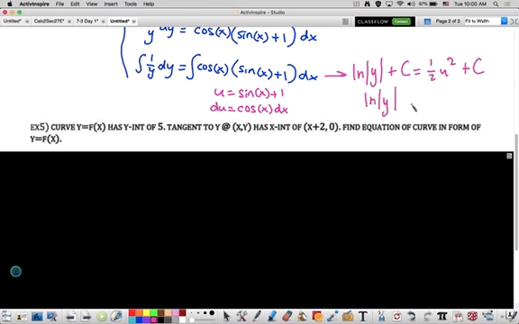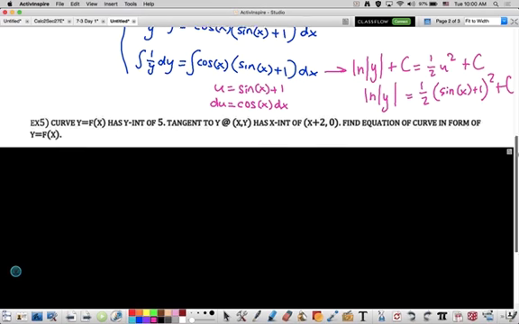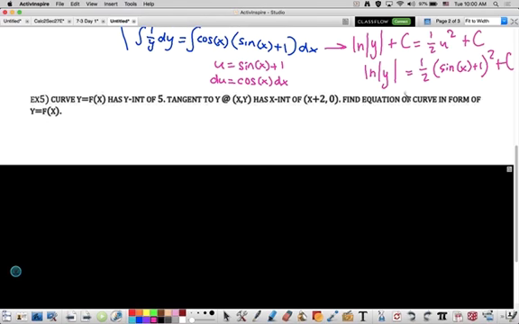Natural log of the absolute value of y equals 1/2 u squared, where u was sine of x plus 1. Okay, so let's see. If we exponentiate both sides, you get the absolute value of y equals e to the power of 1/2 times sine of x plus 1 squared plus a constant.